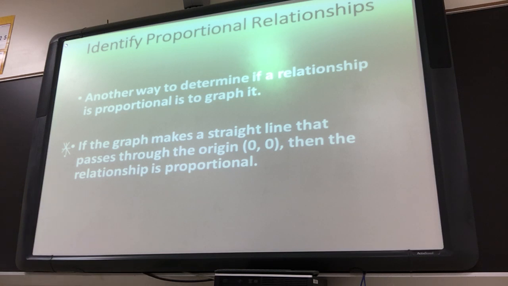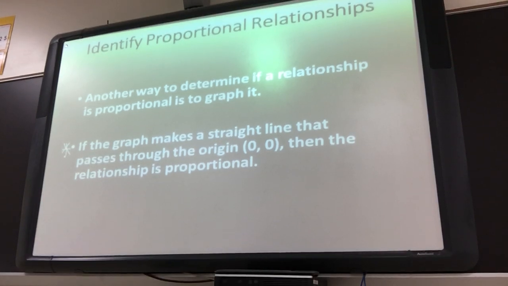So we've talked about, at this point, before today, two ways to say if something is proportional. The unit rates are the same, or constant ratios. The third way that we can say something is proportional is if you graph it and you get a straight line that goes through the origin, or the point 0, 0.